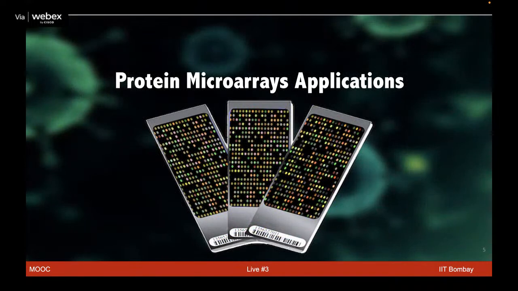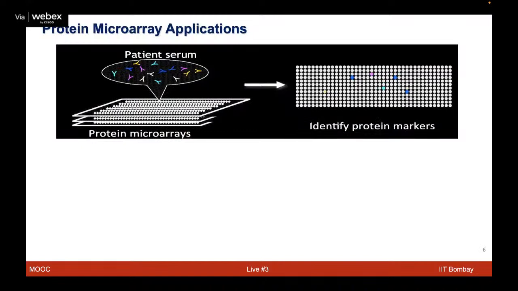So when we think about applications of protein microarrays, we are trying to give you a live application because now you can see there are different ways of utilizing these chips. One could print all the human proteins on the array and look at human disease, or look at drug interaction or protein-protein interaction, right?